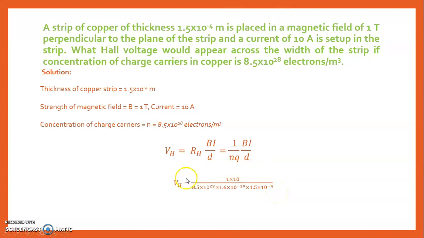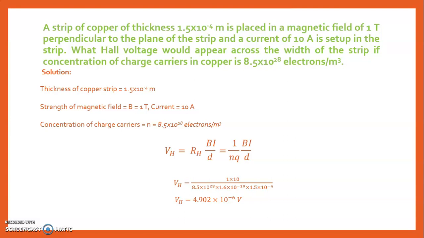Now we just put in these values. When you calculate it, we get the answer: V H is equal to 4.902 into 10 raised to minus 6 volt. So we are getting the Hall voltage by using this formula.